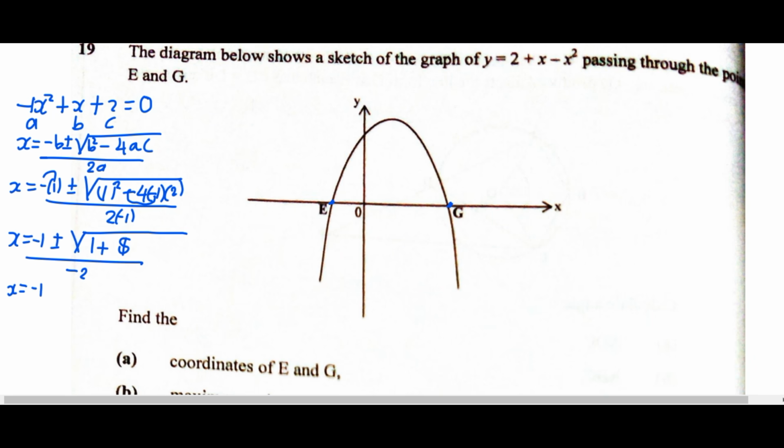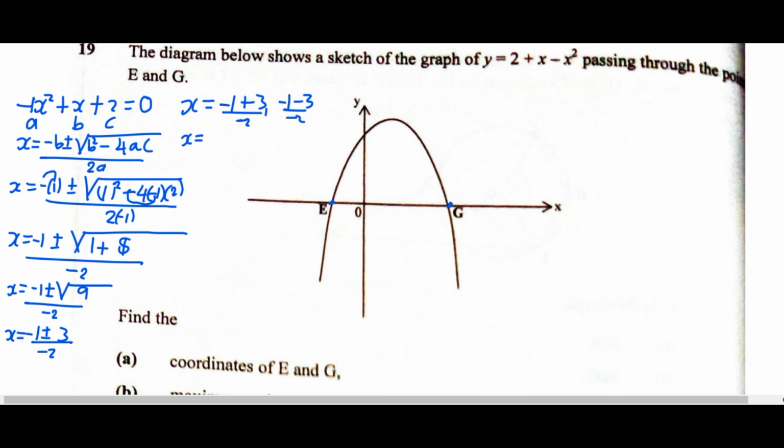Then we can add the inside. 1 plus 8 will give us 9 over negative 2. The square root of 9 is 3 over negative 2. So we have to separate: x is negative 1 plus 3 over negative 2, or negative 1 minus 3 over negative 2.